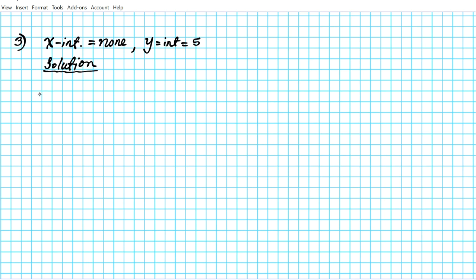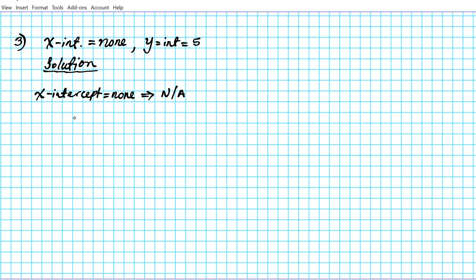All right, so let's write down the respective coordinates that correspond to this information. So if the x-intercept is none, then what point on the line do we have here? If the x-intercept is none, that means that we do not have any coordinate on the graph that falls on the x-axis.